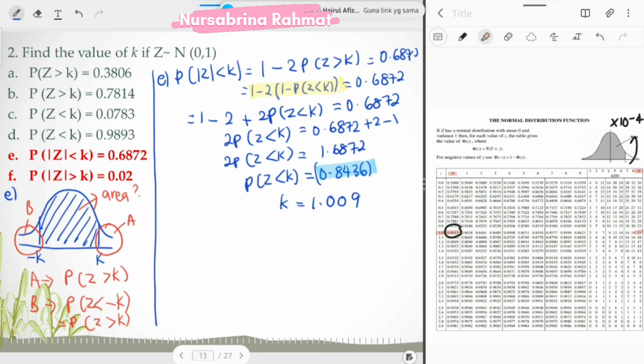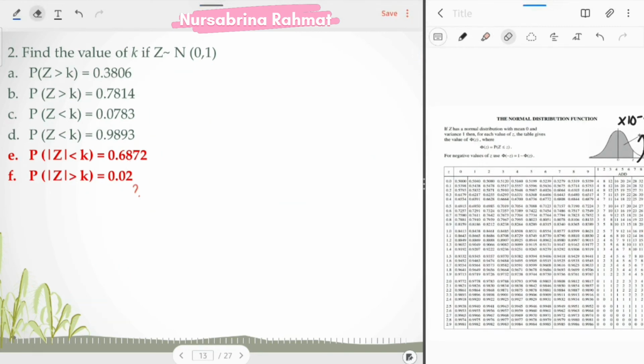Okay, so let's do question F. So P(|z| > k) equals 0.02. First, let's draw the bell curve. So this is for question F. Again, negative k and k. But since it's greater than k, it will cover the outer regions, the outer area.